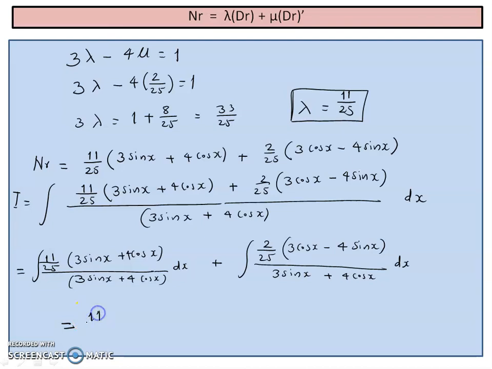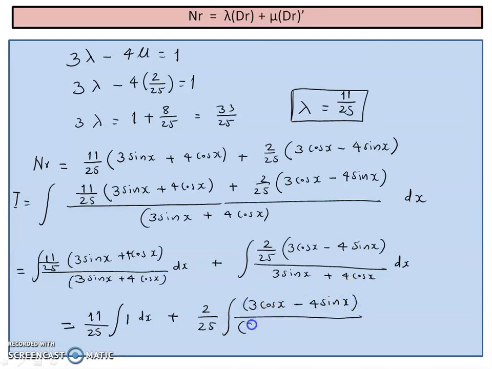So 11 upon 25 integral 1 dx, plus 2 upon 25 I can take out: 2 upon 25 integral 3 cos x minus 4 sin x upon 3 sin x plus 4 cos x dx.